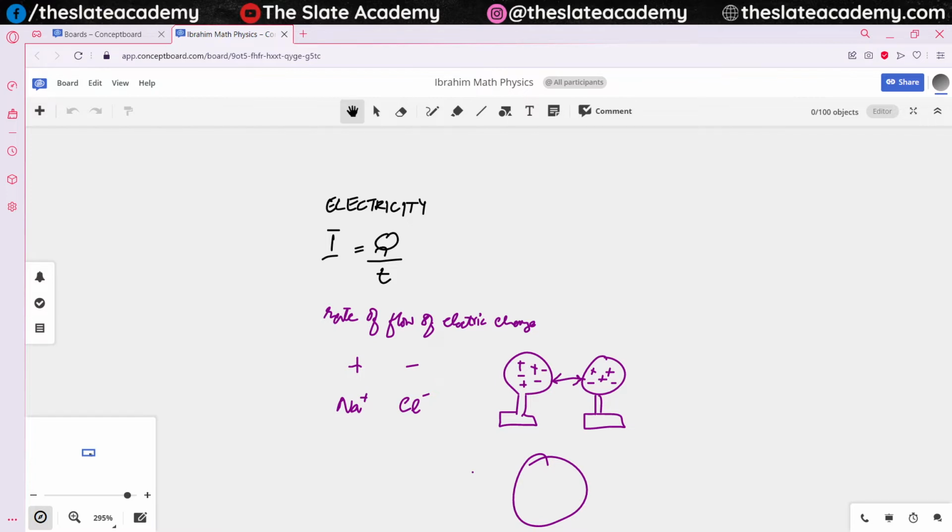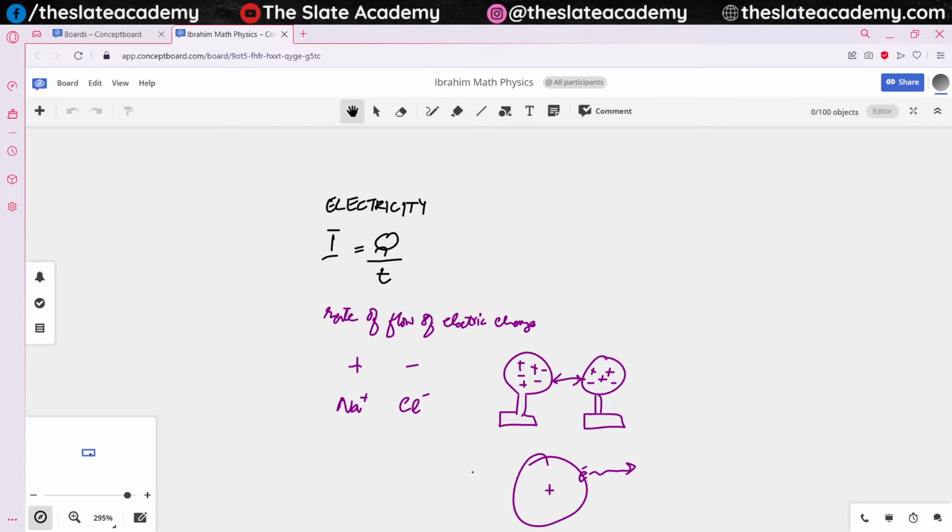So this is an atom with a proton in the nucleus and an equal amount of electrons. In the normal state, in the ground state, the positive and the negative charges on an atom are balanced out, right? How does this atom become positively charged? If the atom loses this electron, it will become positively charged.